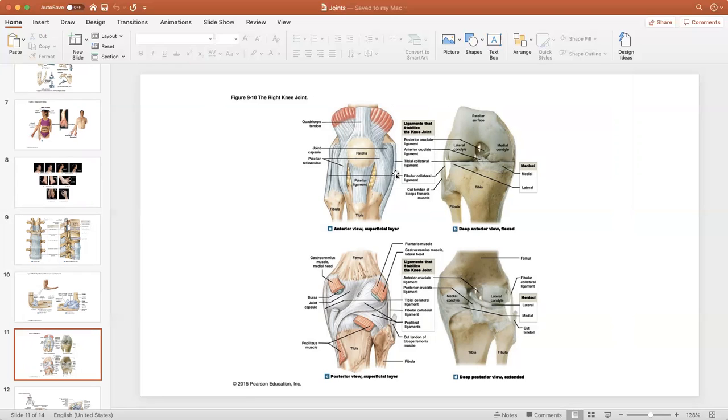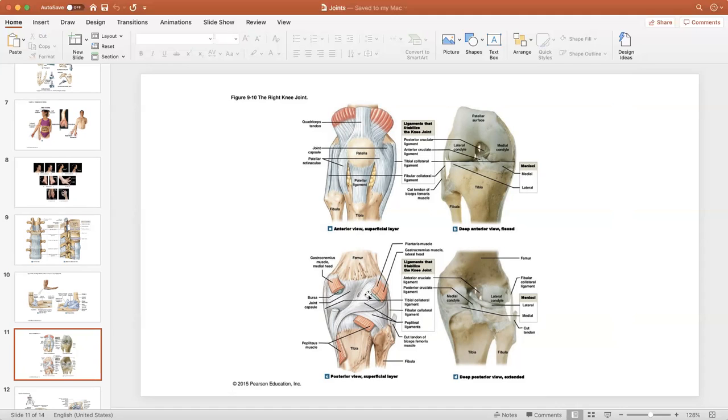Then you have internally, you have anterior cruciate ligament and posterior cruciate ligament. So the anterior cruciate ligament prevents anterior movement of the tibia. Posterior cruciate ligament prevents posterior movement of the tibia. And then you have your medial and lateral meniscus. Okay.